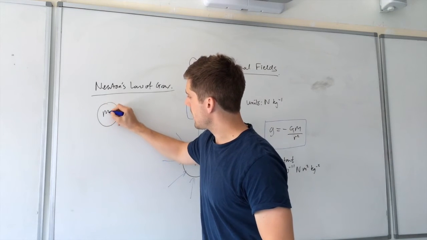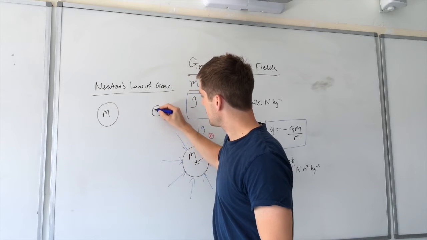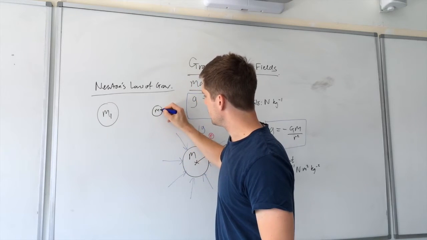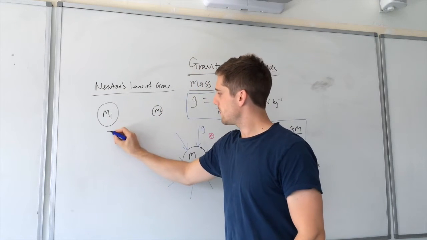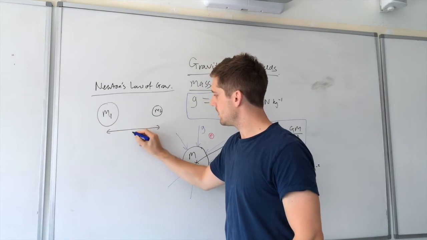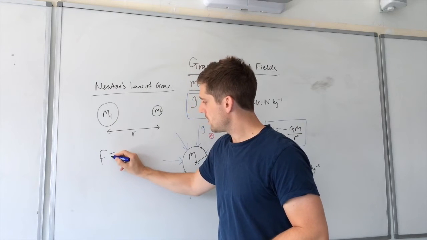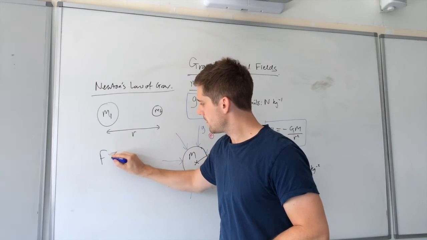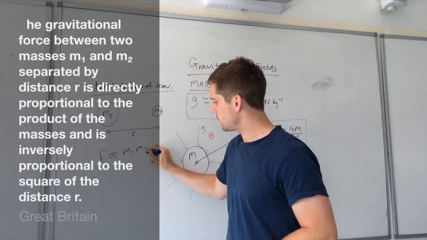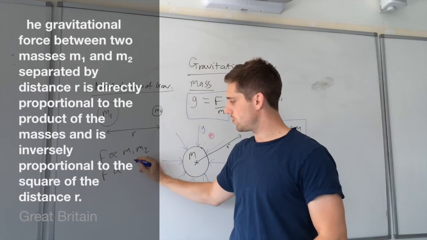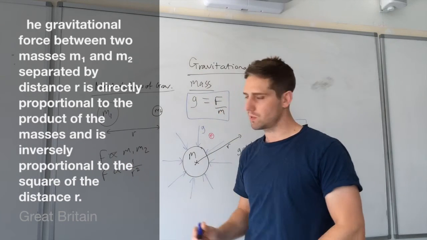So if I had m1 and m2, then there's a distance here, that's r. So the force is proportional to m1 m2, and force is inversely proportional to r squared.